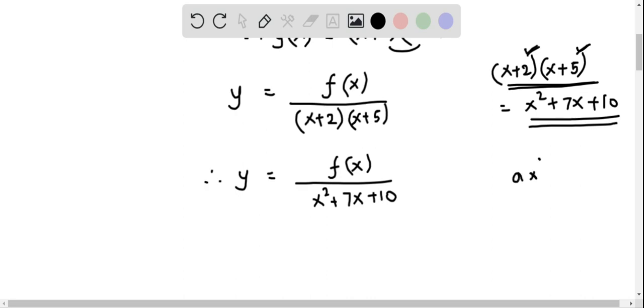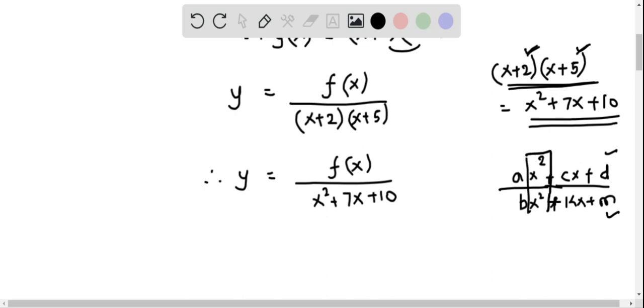Suppose we have ax squared divided by bx squared, and we can have any other terms here, like cx plus t, and kx plus m, anything after this. When you are finding the horizontal asymptote, we just have to look at the degree of the numerator polynomial as well as the denominator polynomial, and they should be the same. Here it is x squared, and we say that a by b is the horizontal asymptote.